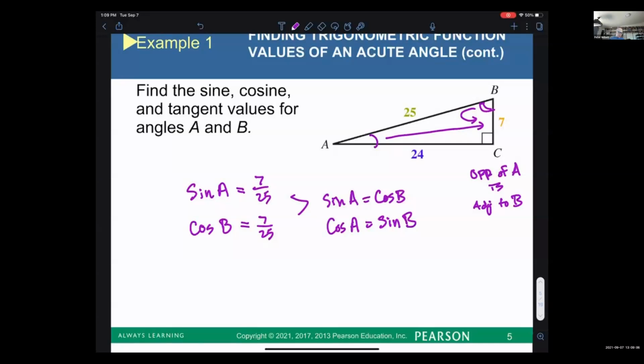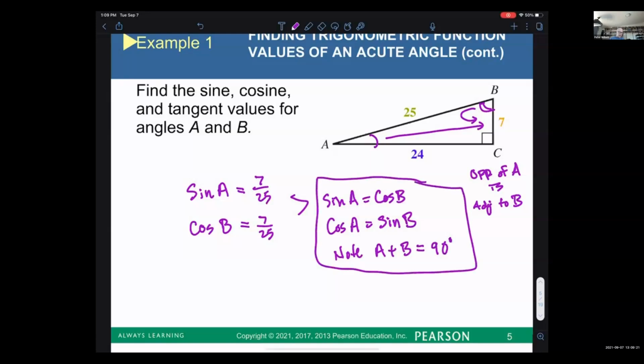So I would say that we note that A plus B equals 90 degrees. And basically, these are going to hold whenever you have two angles that add up to 90 degrees, that the cosine of one of them is going to be the same as the sine of the other one. And it doesn't matter which is which.